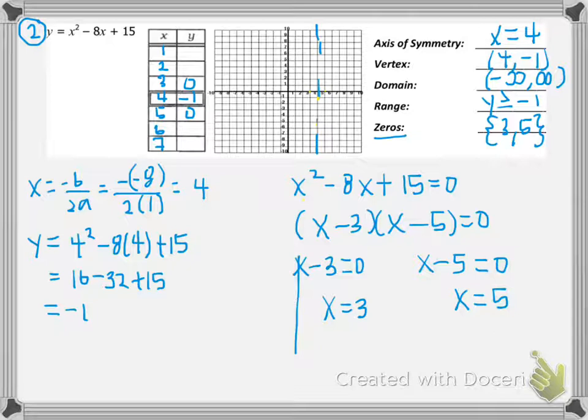If I plug in 2, 2 squared minus an 8 times 2 plus a 15, that should give me a 3. If I plug in a 1, it's going to give me an 8. If I plug in 6, that'll give me a 3. If I plug in 7, that'll give me an 8. So remember, you're plugging it in for that x. Okay, so at 2, I'm going to be at 3 here.